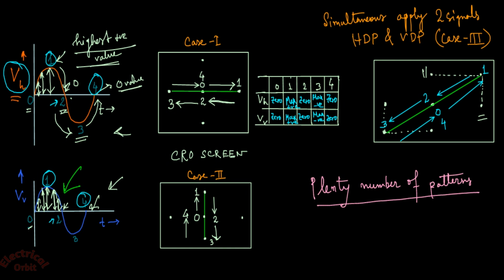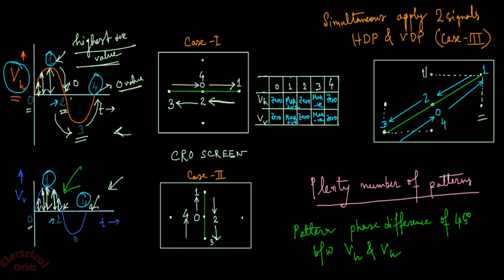Now your work is to find out the pattern that we will find on the CRO screen if there is a phase difference of 45 degrees between the horizontal and vertical applied voltage.